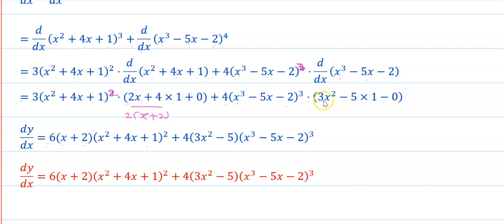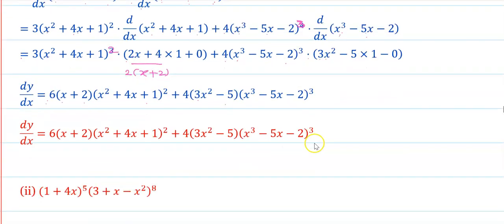Therefore it is 4 into in bracket 3x square minus 5, again in bracket x cube minus 5x minus 2 bracket raised to 3. Okay. And hence we have the answer dy by dx is equals to 6 into in bracket x plus 2, x square plus 4x plus 1 bracket square plus 4 in bracket 3x square minus 5 into x cube minus 5x minus 2 bracket is to 3, and this is the derivative.